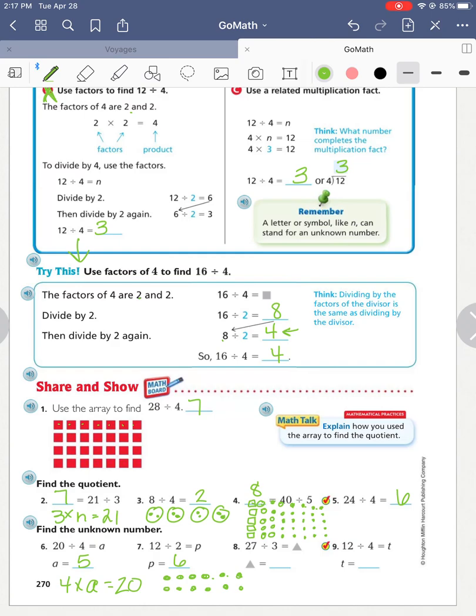27 divided by 3 equals triangle, so triangle is the same as the number 9. 12 divided by 4 is T, so T equals 3. Remember, you can check it. So this one I'm going to draw 3 circles. Put 1 in each.